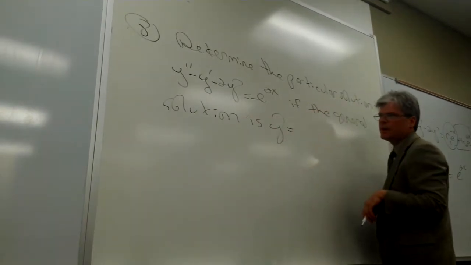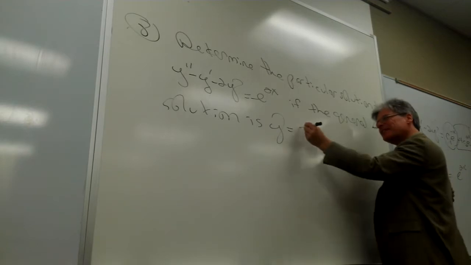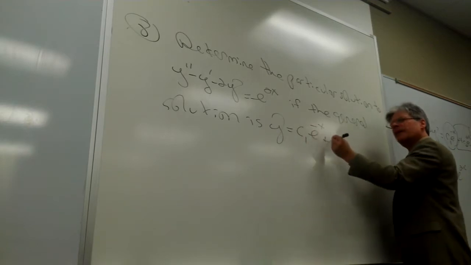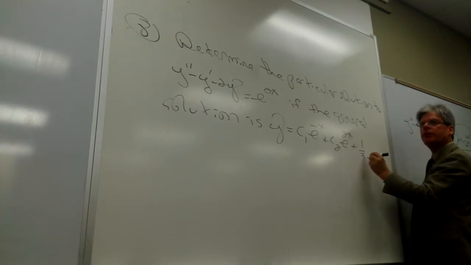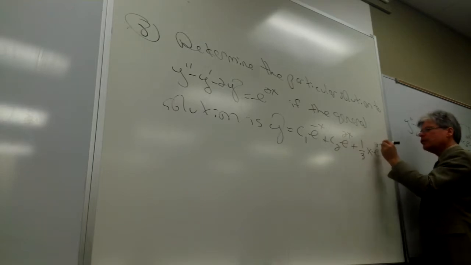You guys are gonna make me solve this in my head again, aren't you? Was it C1 e to the negative x plus C2 e to the 2x plus, I think it's 1/3 x e to the 2x?